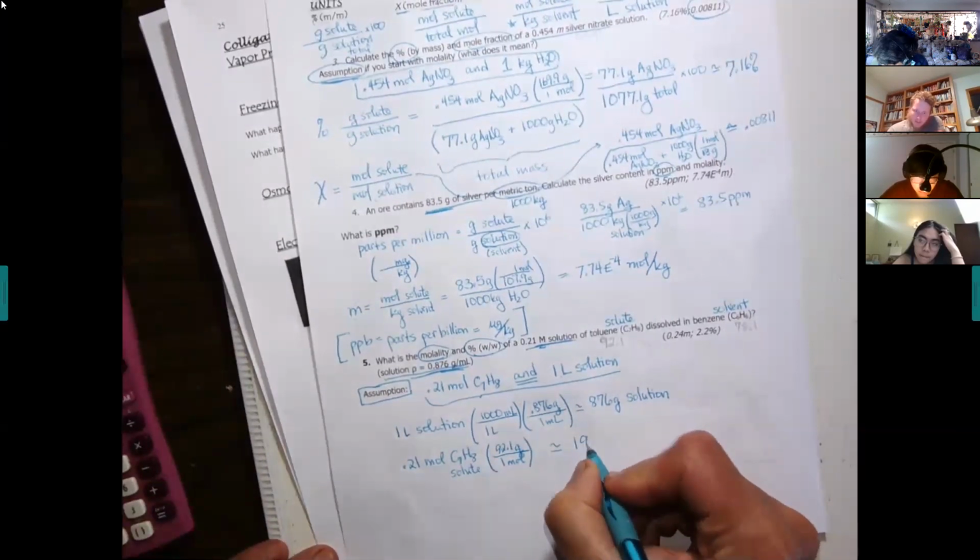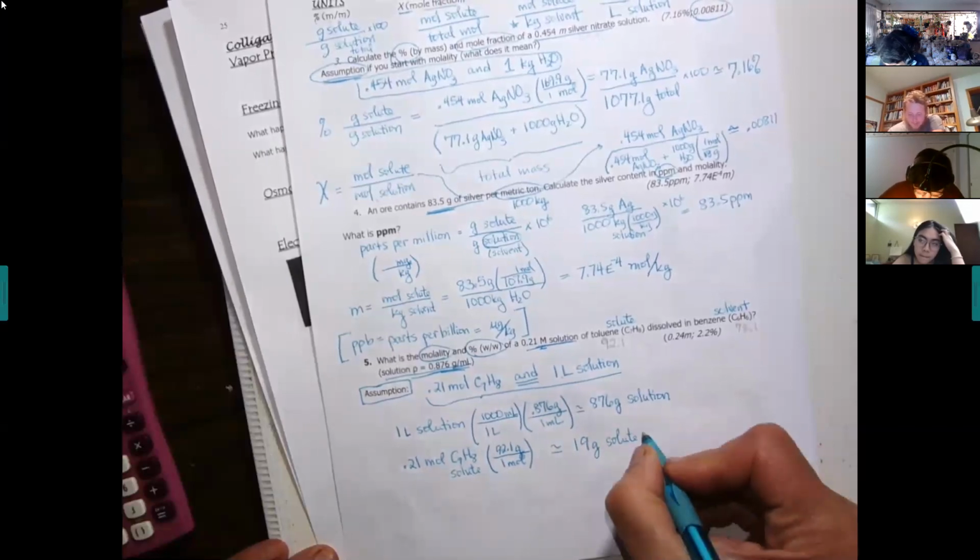All right. So 19 grams of the solute, which is C7H8. I don't care which way you label it. I'll label it both ways, because half of you will do one and half the other. The question is an approximation, so I am only using 2 sig figs there.